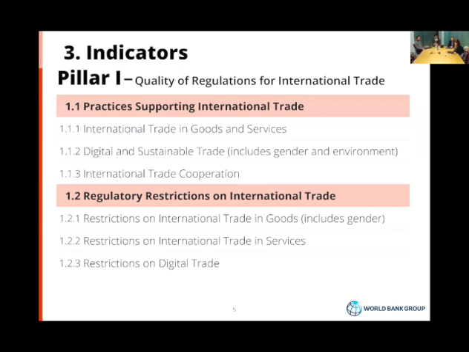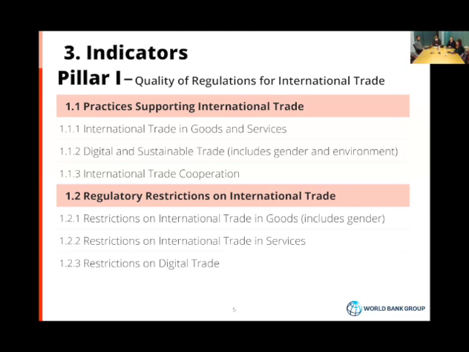With that, I'll move on to the next slide. Going back a bit to Pillar 1 and what it encompasses. We did mention earlier that Pillar 1 is the one that assesses the de jure aspects of international trade. It has two categories.